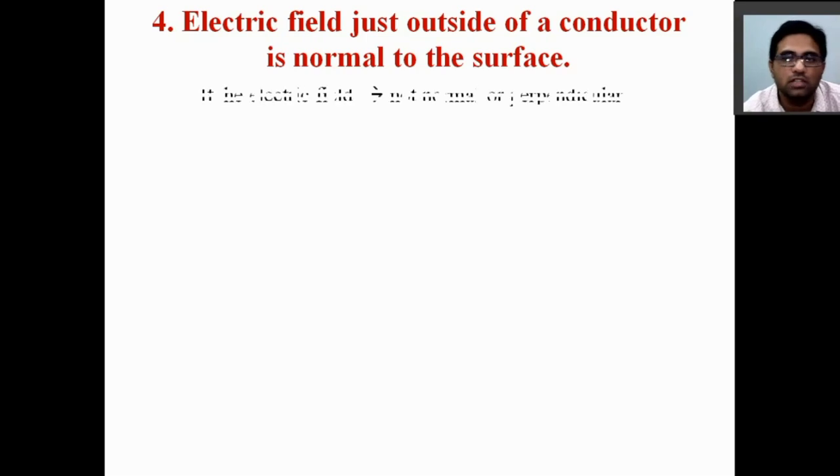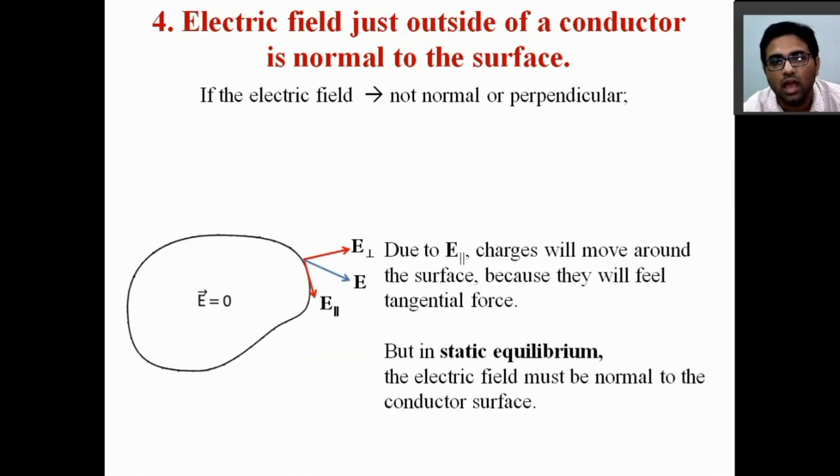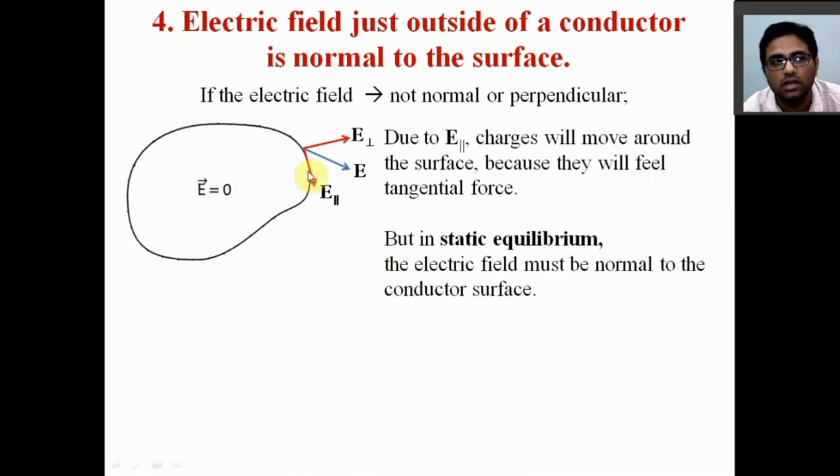To prove this, let's consider that the electric field is not normal or perpendicular to the surface. Then the electric field vector has two components, right? One is the perpendicular component and the other is the parallel or tangential component along the surface of the conductor.